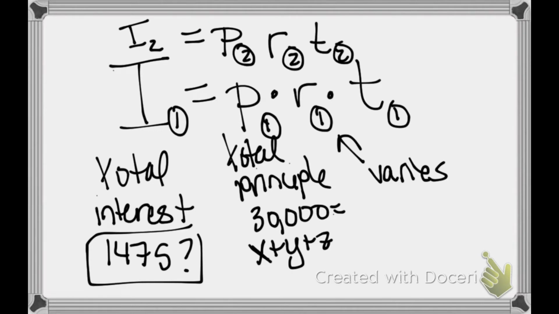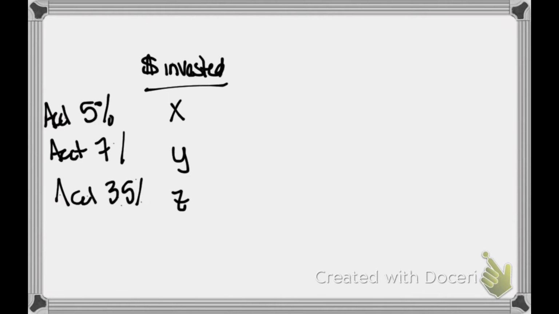So that's what we're going to be doing basically on the last page that I was just showing you, which was starting to make that table. By the way, the time for this is 1 year. So in fact, I can actually just erase this for time because I'm just multiplying by 1 each time. So really I'm doing the principal times the rate because it's for 1 year. So let me go back and do that.